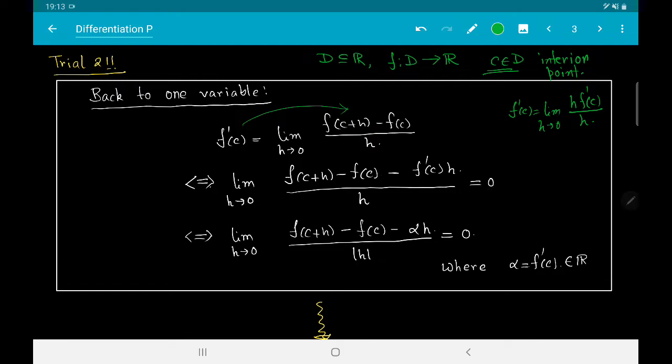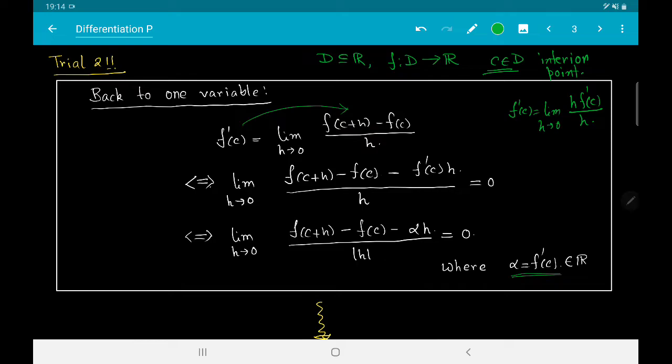So this is one notion of differentiability. So f is differentiable at c if and only if this limit is equal to 0. If we modify this a little, we will see that this is equivalent to the following expression: f is differentiable at the point c if and only if the limit as h tending to 0 of f of c plus h minus f of c minus f prime c times h, divided by modulus of h, is equal to 0.